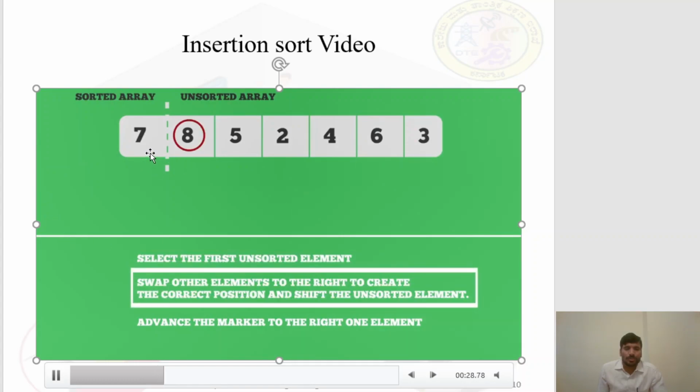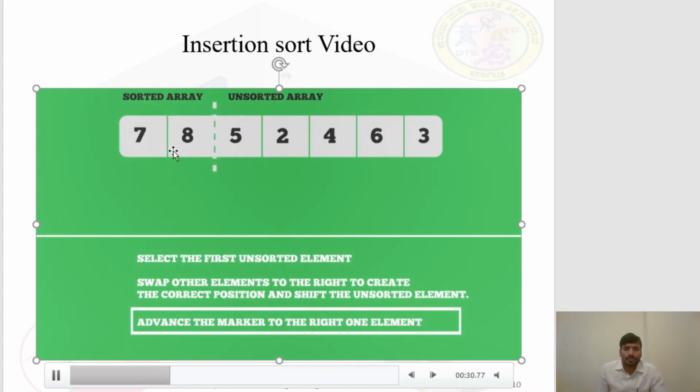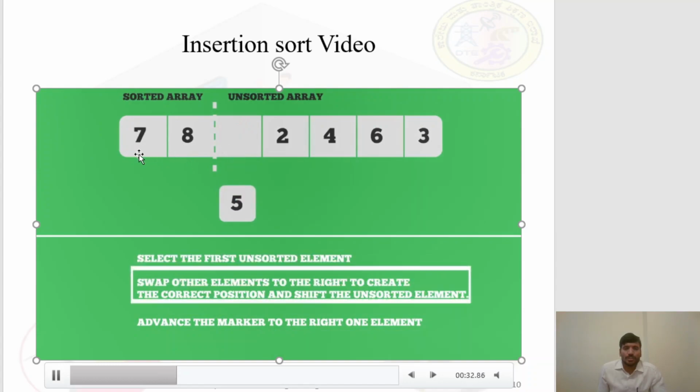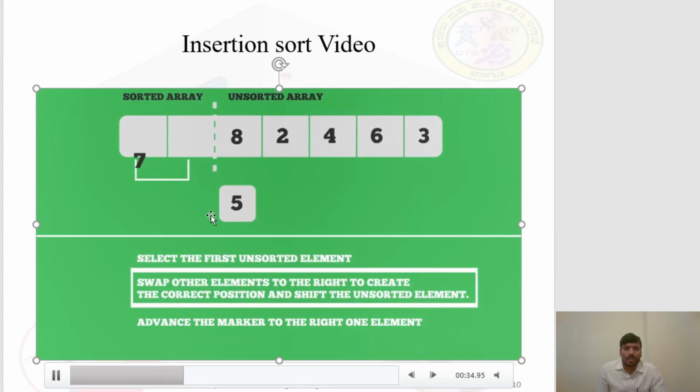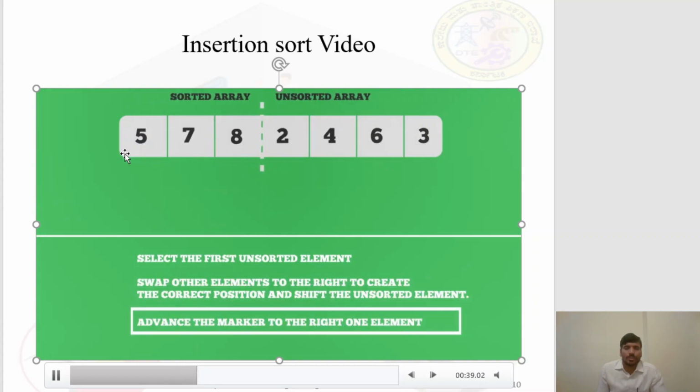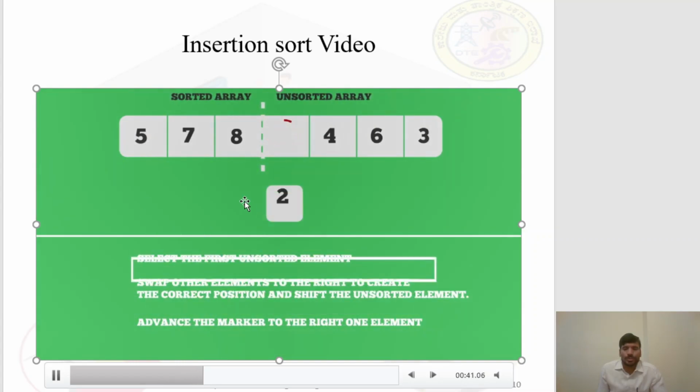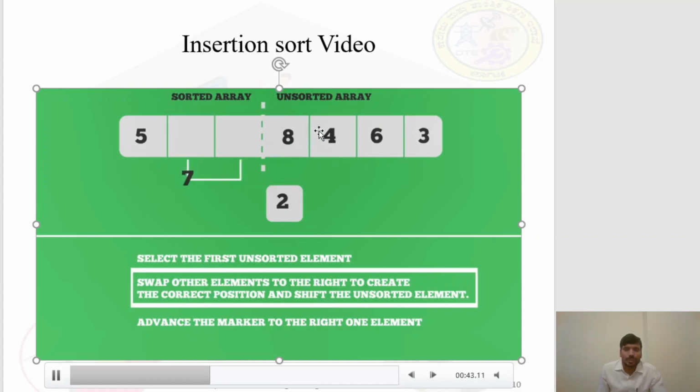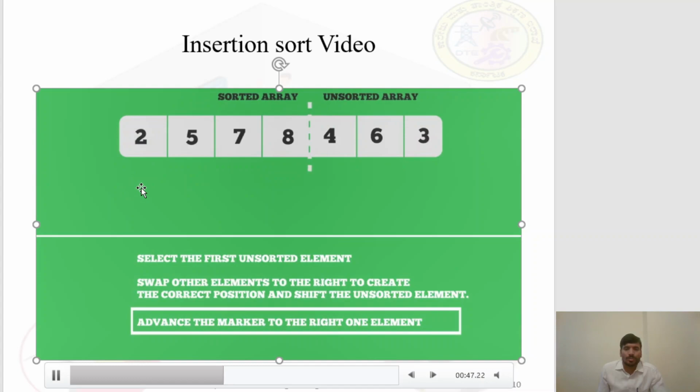We compare 7 with 8, and those are the sorted part. Next we compare 5 and insert it at its proper position. Again 2 is compared and inserted at its proper position.